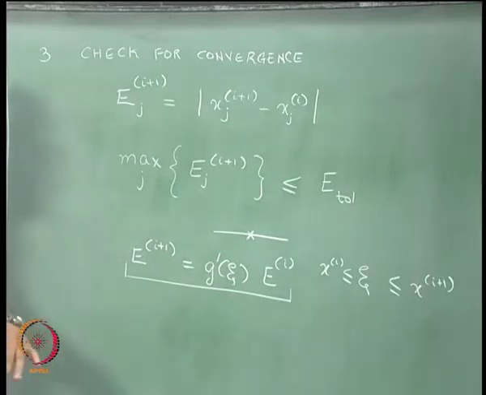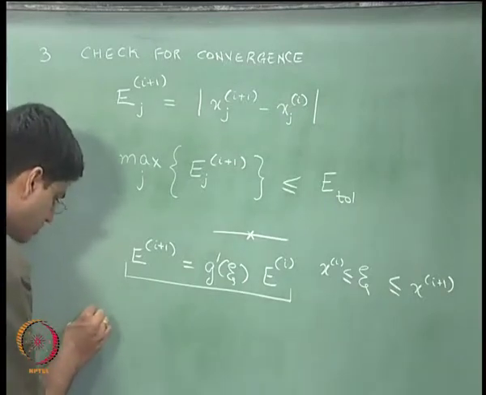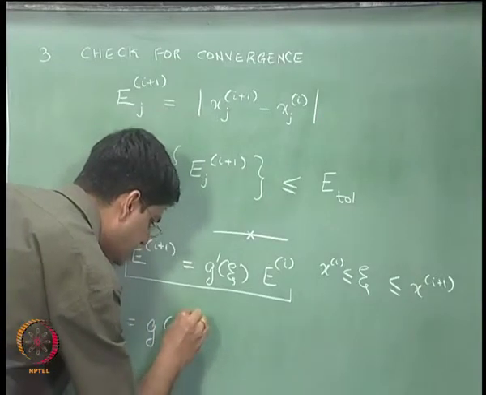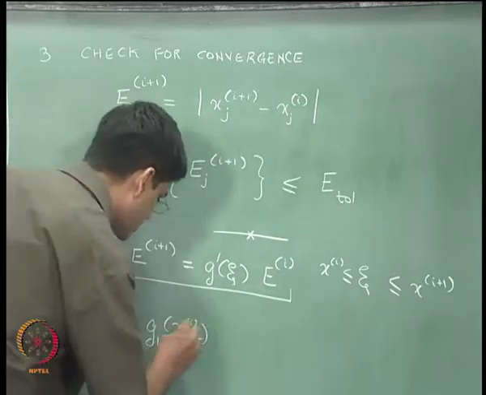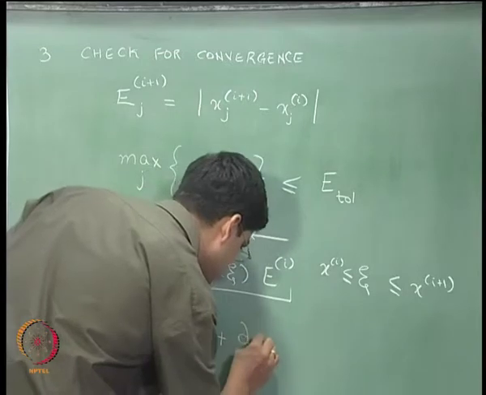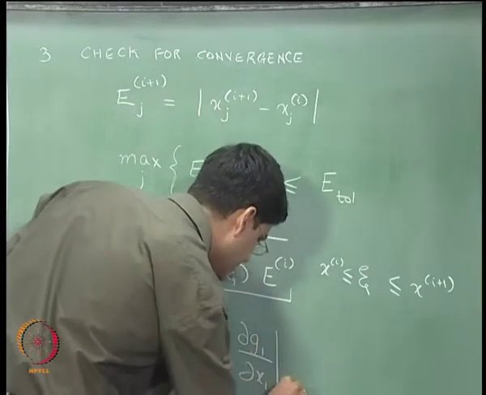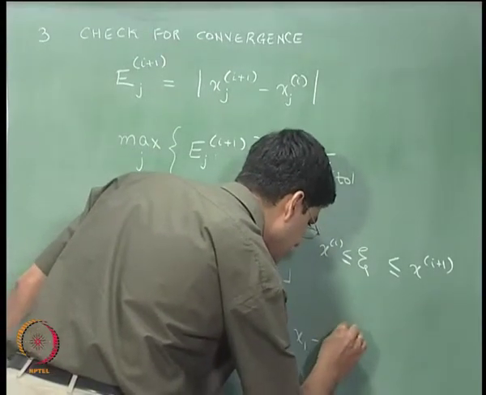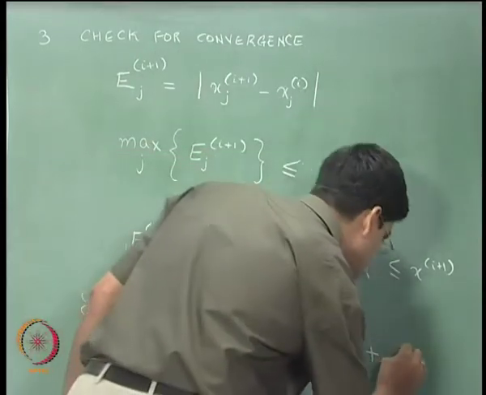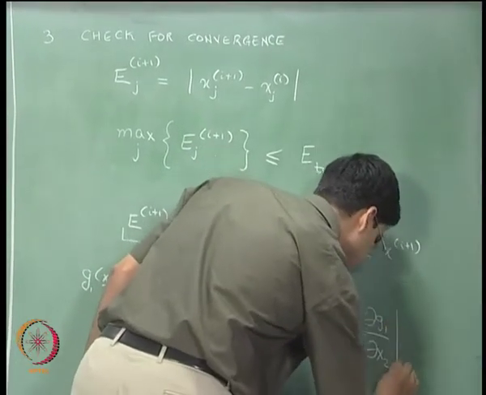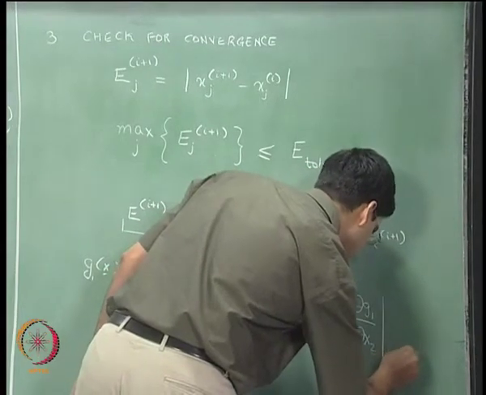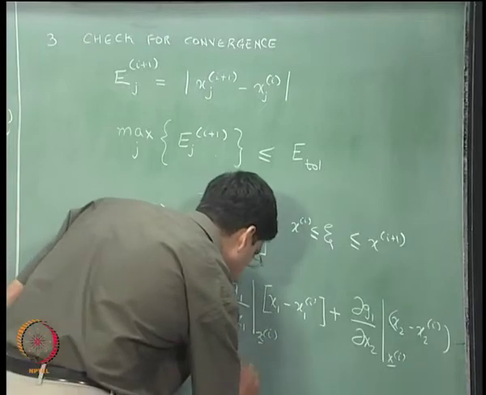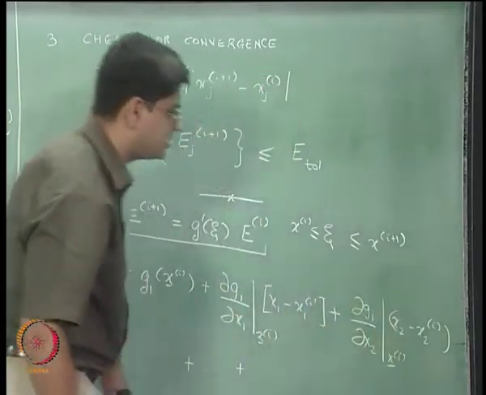Keep in mind that the Taylor series expansion in the multivariable case is going to look like this: g1 of x bar is going to be equal to g1 of x bar i plus partial g1 with respect to x1 computed at x bar i multiplied by x1 minus x1 i, plus partial g1 with respect to x2 computed at x bar i multiplied by x2 minus x2 i, and so on up to the nth term, and then we will have the second derivative terms and so on.